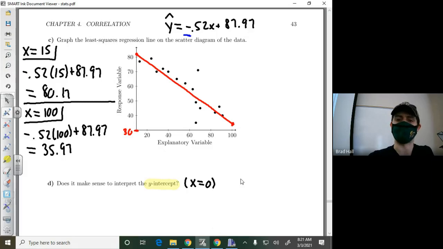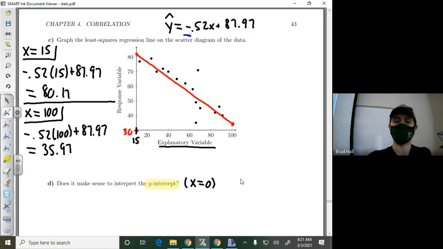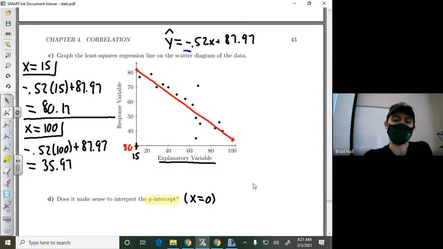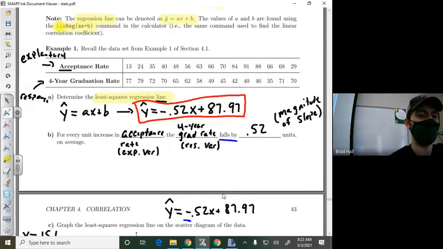We see in our graph, though, that when x is 0, we don't necessarily see that value on the graph, because the lowest x value we have seems to be like 15. But that doesn't mean we can't interpret x is equal to 0. So let's look at when x is equal to 0, that means the acceptance rate is 0.